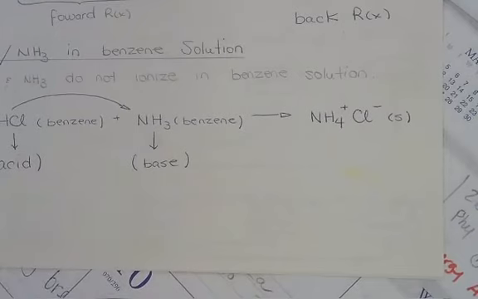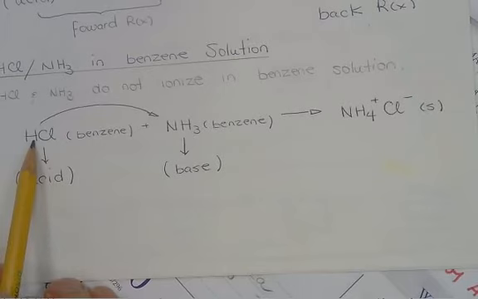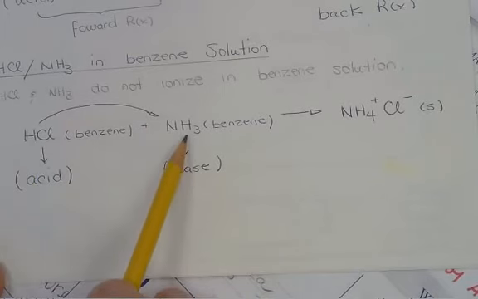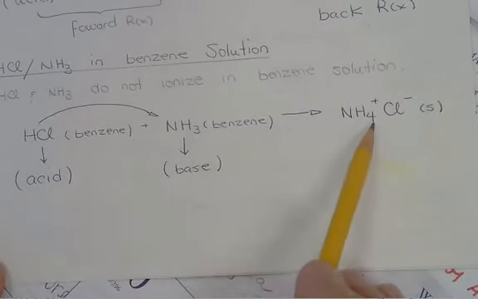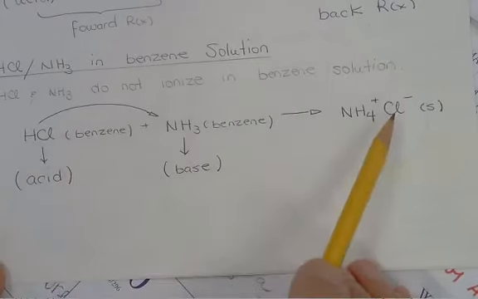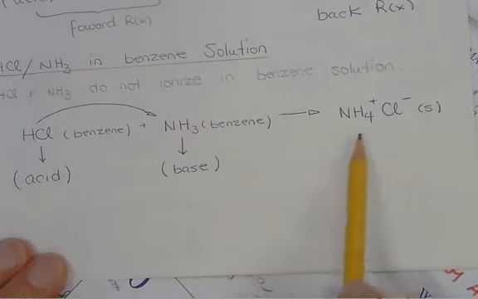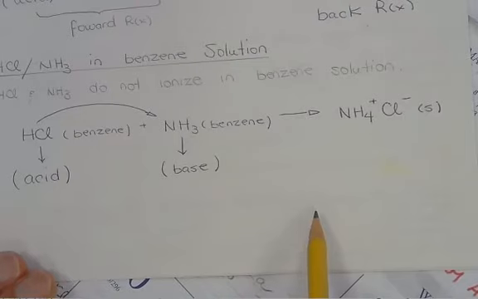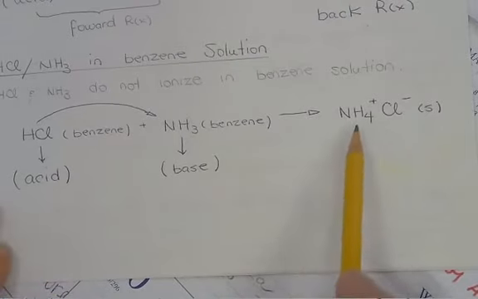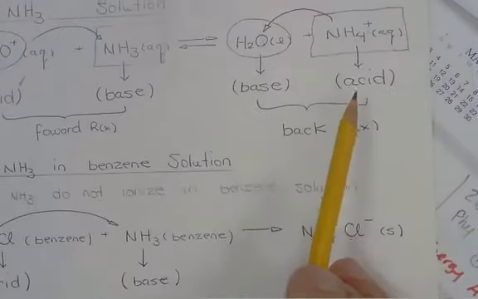Well, they'll still react, the HCl will donate a proton to ammonia to make the ammonium ion and the chloride ion, and what will happen is these two things will solidify and make a salt at the bottom of the benzene solution. And the reason is because there's nothing to solubilize them. There's no polar water molecules to keep them in solution like up here.